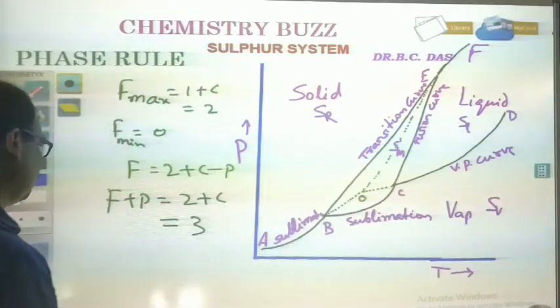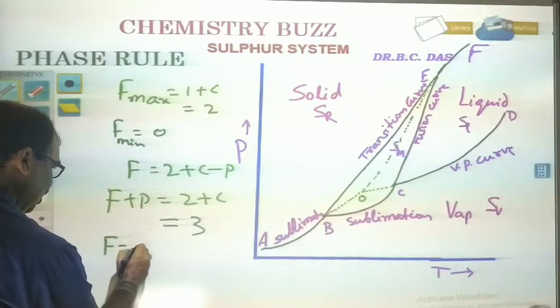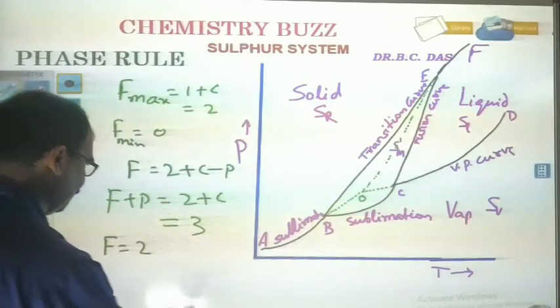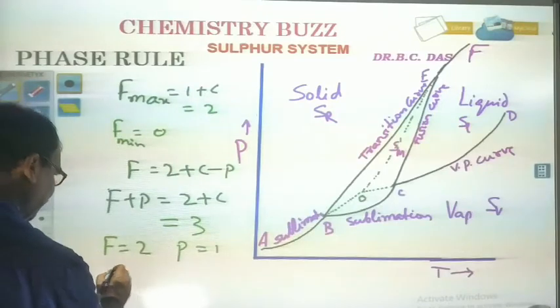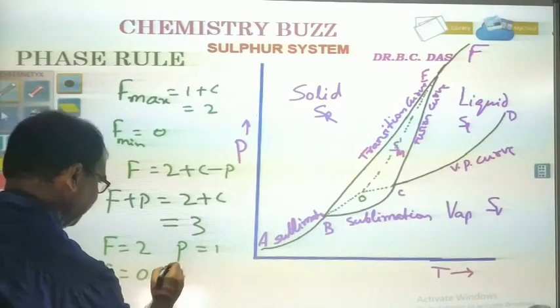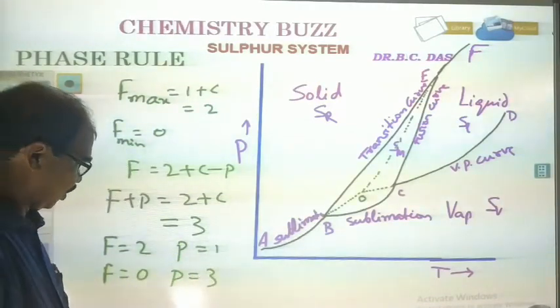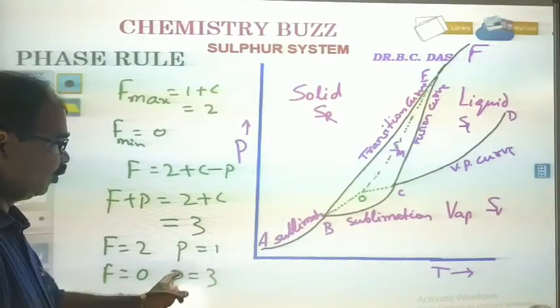So when F is equal to 2, that is the degree of freedom maximum is equal to 2, the phase is equal to 1, and if minimum F is equal to 0, then P is equal to 3. Okay. So maximum number of phases, that is 3, can coexist.